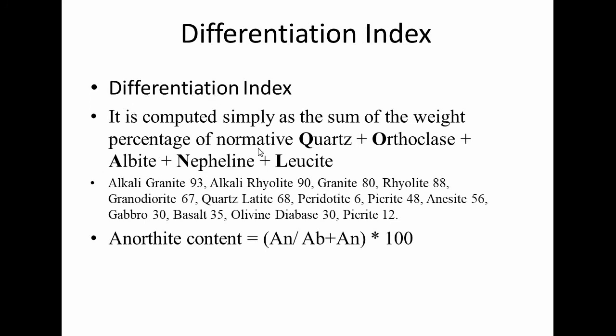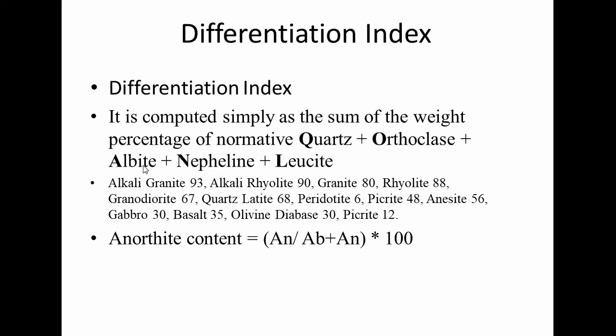Another thing which is crucial in the naming of the rock is the differentiation index. The differentiation index is computed simply as the sum of the weight percentages of normative quartz plus orthoclase plus albite plus nepheline plus leucite. That is, you take the minerals present in the salic column, except anorthite.